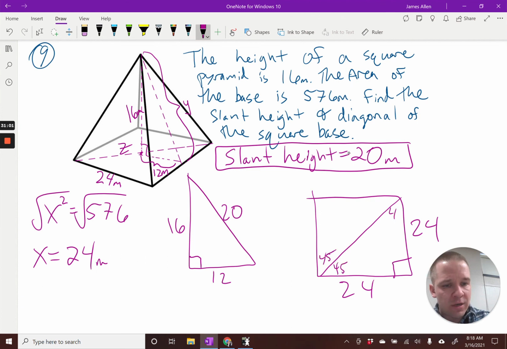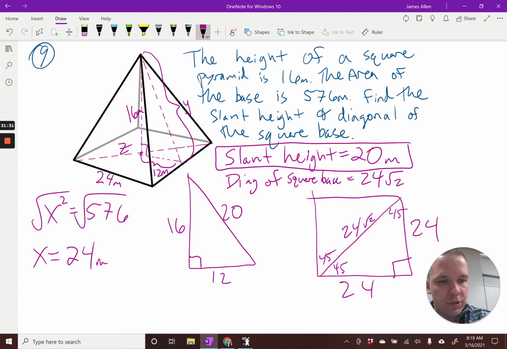Not to mention, we got a right triangle here when we cut it in half with two sides that are congruent. That's an isosceles right triangle. That's a 45, 45, 90 triangle. How do I find the hypotenuse of a 45, 45, 90 triangle? If I know the leg, I take that leg, I'm going to multiply it by root 2. So I get 24 root 2. So the diagonal of the square base equals 24 root 2 meters.